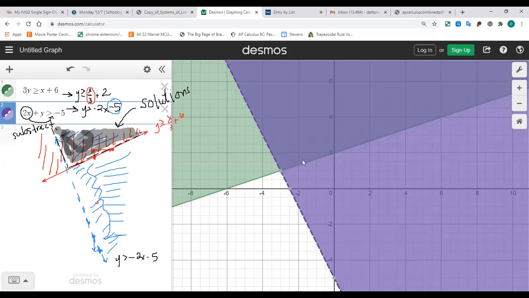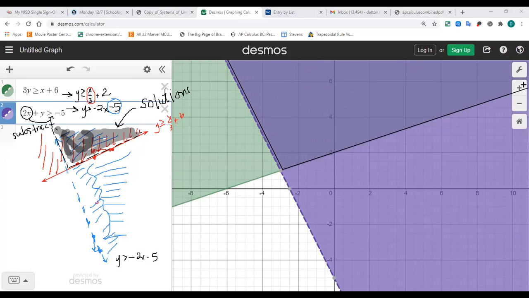Okay. And so here, I'm kind of drawing this here. Noticing here, I'm not touching the dashed line because I cannot include points on the dashed line. But on the solid line, I'm going to border my region right on top of it.